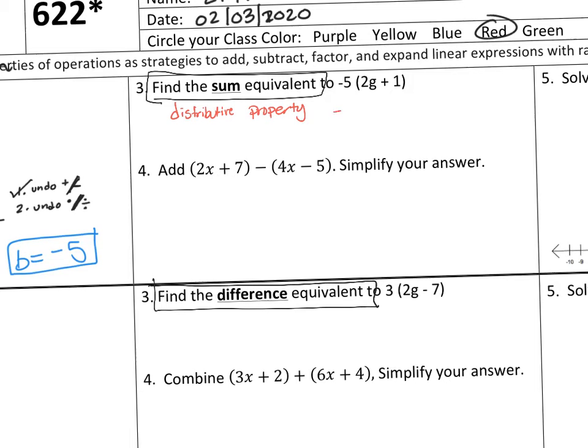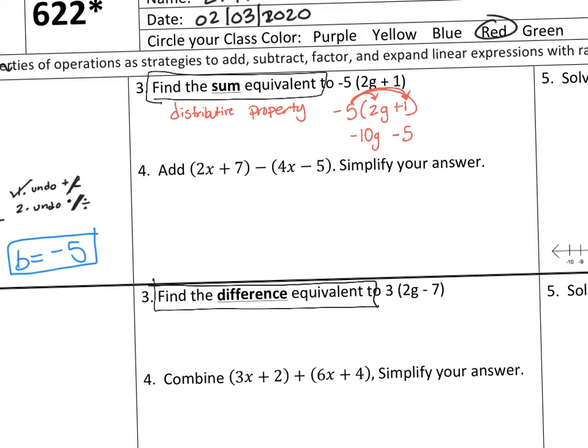So we have negative 5 times the quantity 2g plus 1. So when you distribute a number to terms inside of a parentheses, you multiply. Negative 5 times 2g is negative 10g. And then negative 5 times 1 is negative 5.